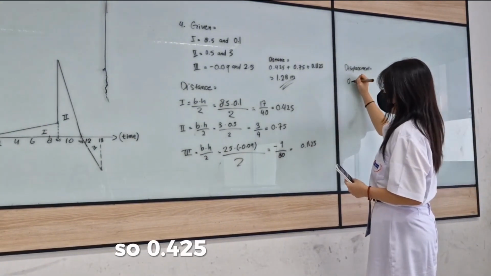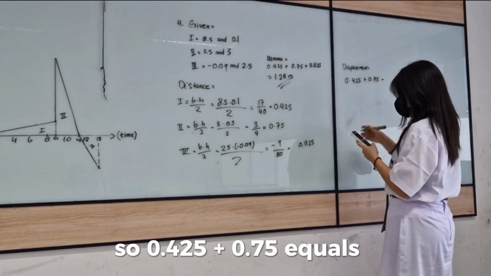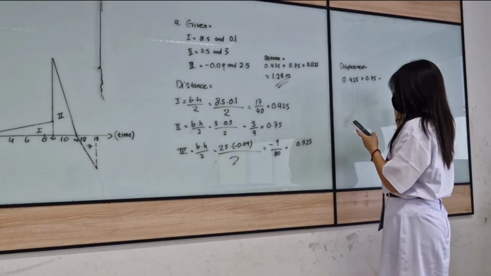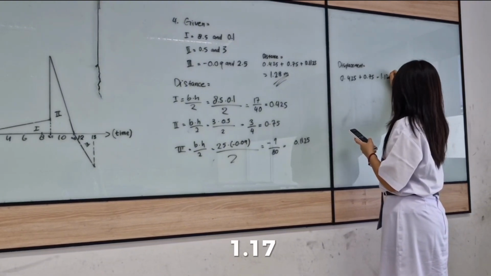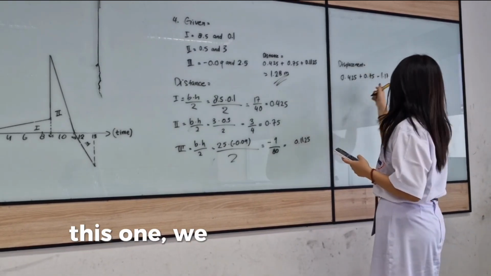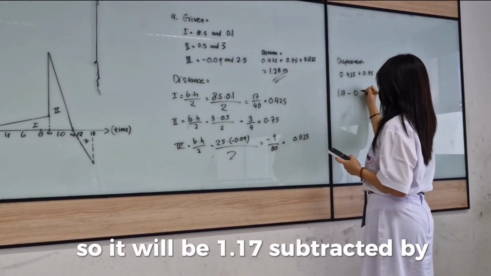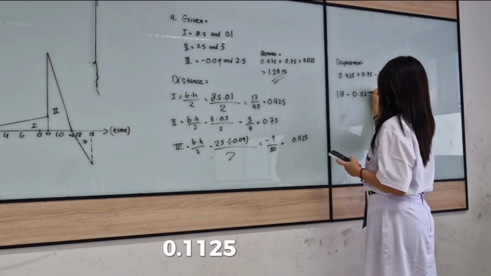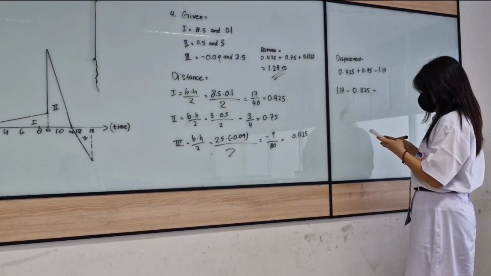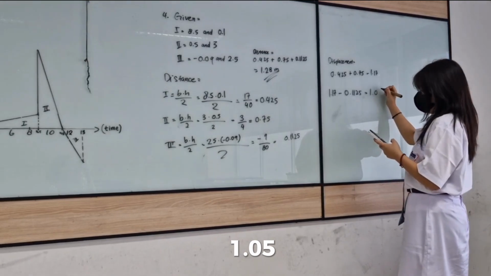So 0.425 plus 0.75 equals 1.17, and this one we shall subtract, so it will be 1.17 subtracted by 0.1125 equals 1.05.